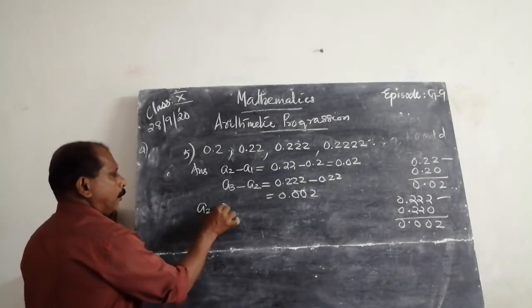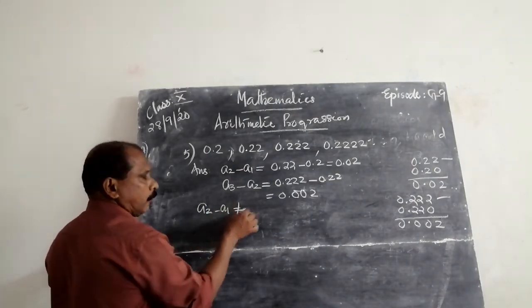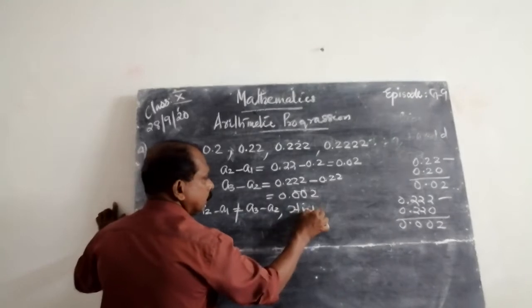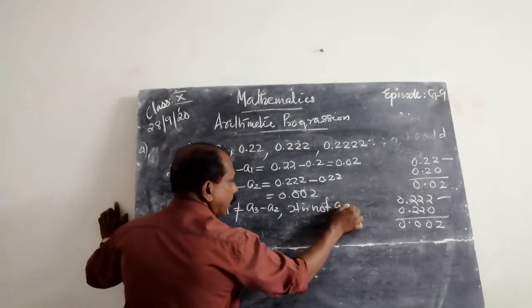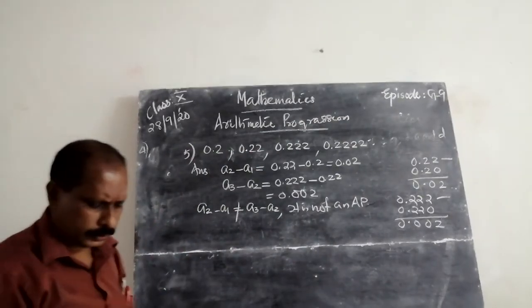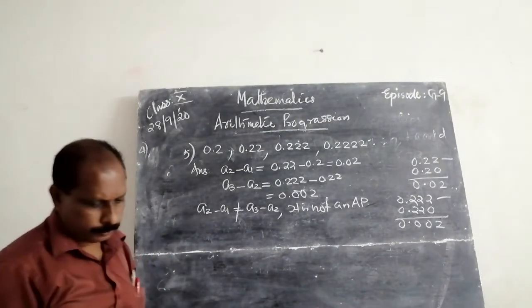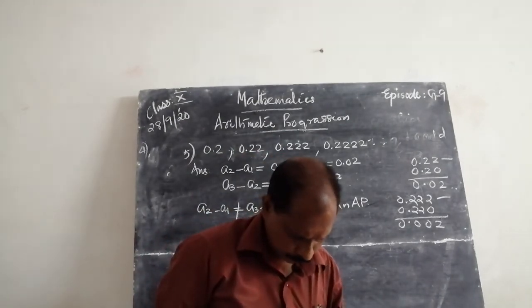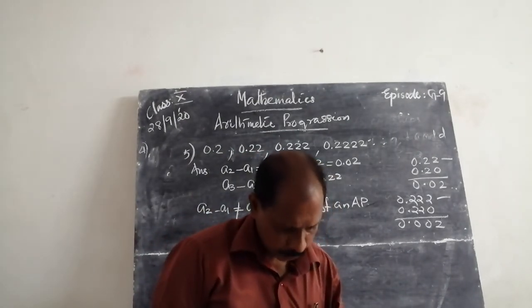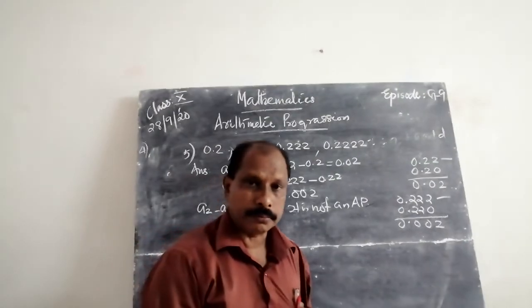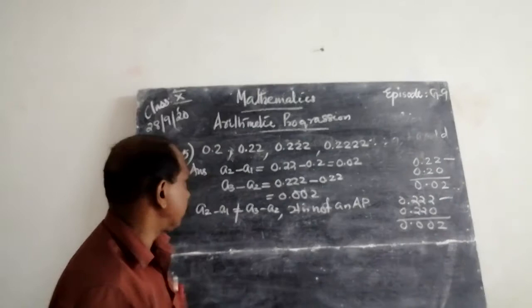That is, A2 minus A1 is not equal to A3 minus A2. Therefore, it is not an AP. Therefore, we cannot find out the next terms. Clear? Therefore, all other problems we do as follows.